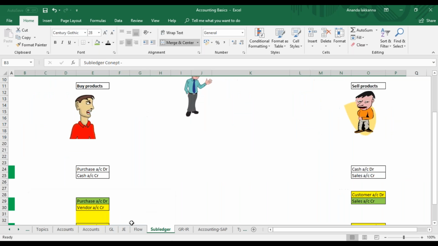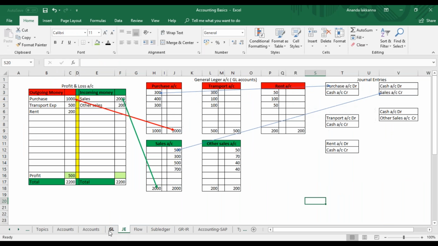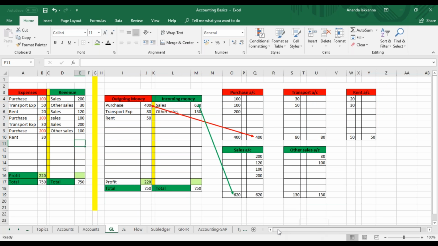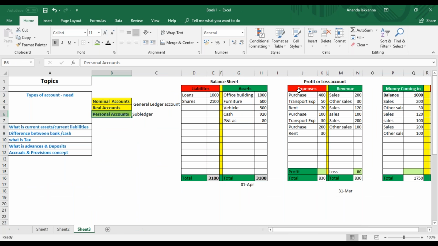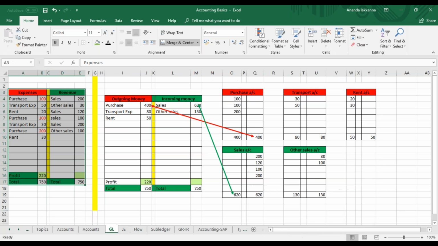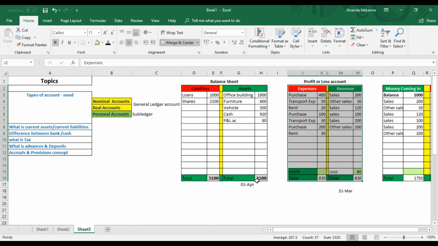So go here. See, I have taken a simple example. You can see the same P&L account which I showed here. In the same P&L account, you purchase, and 220 rupees profit was there, right?